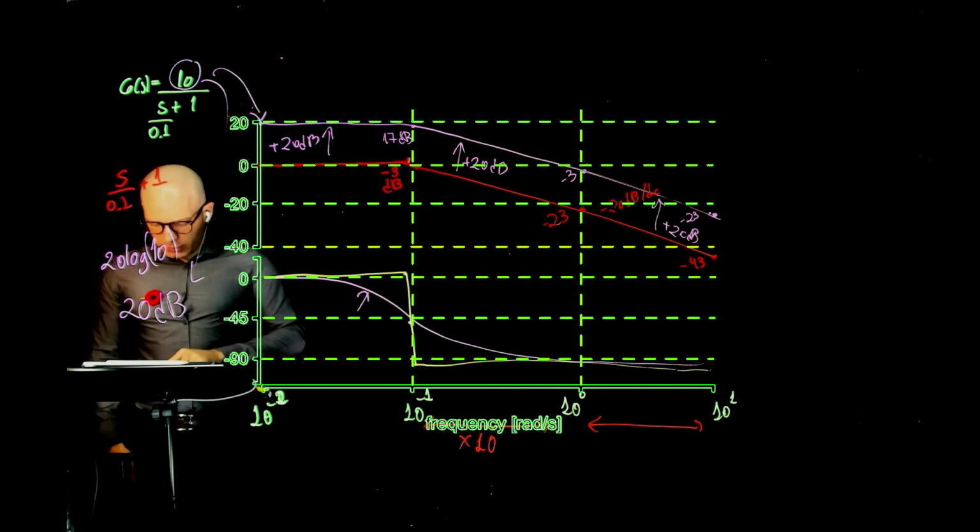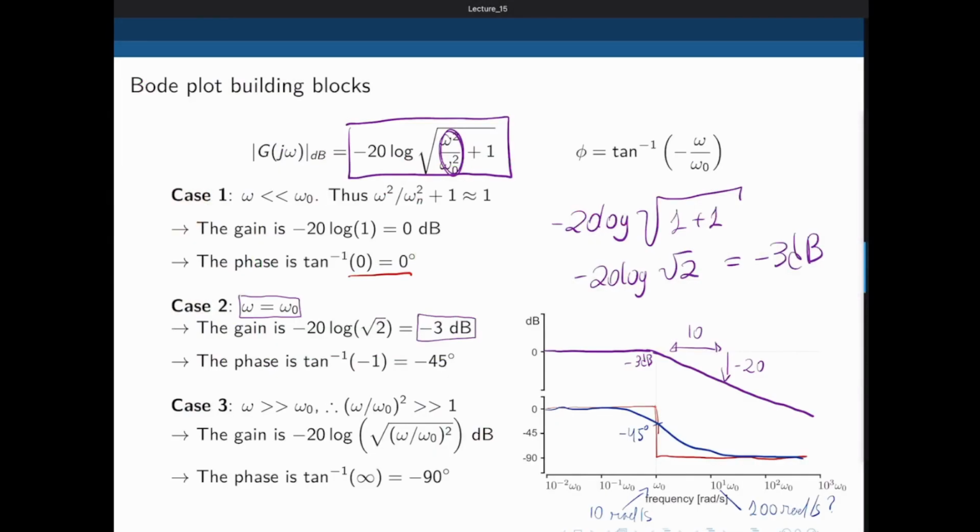Yeah, this is what we saw here. Past the cutoff frequency, we now have a frequency that is much greater than the cutoff frequency. So that term in the tangent tends to infinity, and the inverse tangent of that is -90 degrees. Okay, thanks.